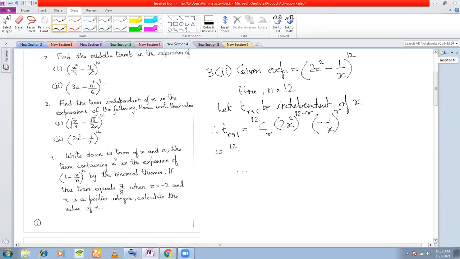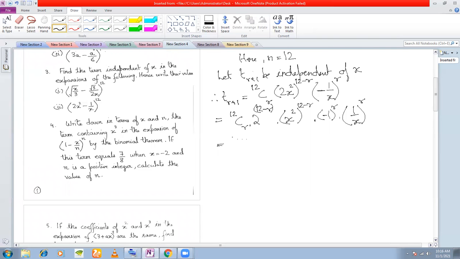So you get 12Cr into 2 to the power of 12 minus r, into (x²) to the power of 12 minus r, into, because minus is raised to the power of r and we don't know whether r is even or odd, we simply write this as (−1) to the power of r into 1 by x to the power of r, which is equal to 12Cr into 2 to the power of 12 minus r into x to the power of 2(12 − r), which is 24 minus 2r.